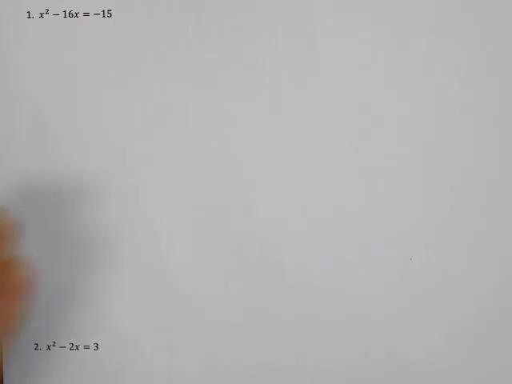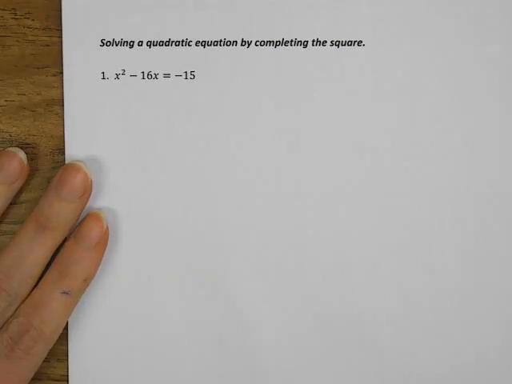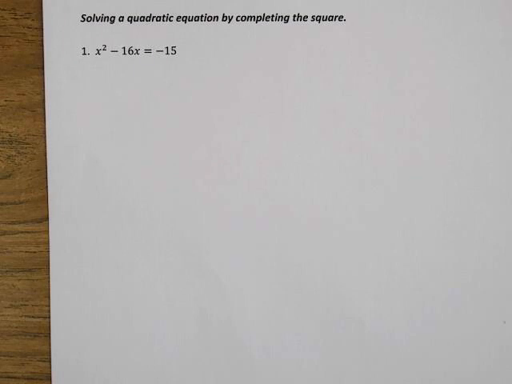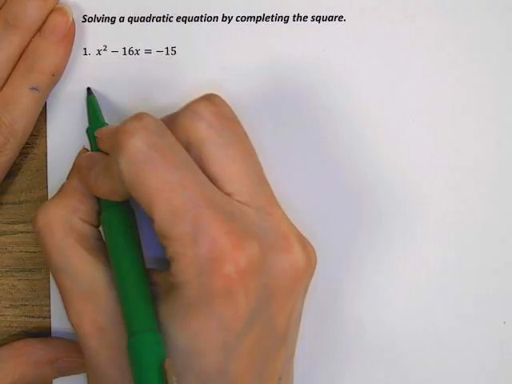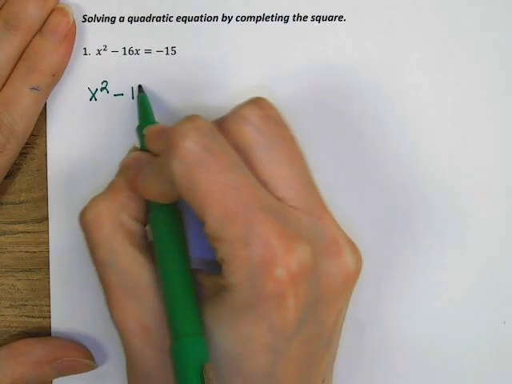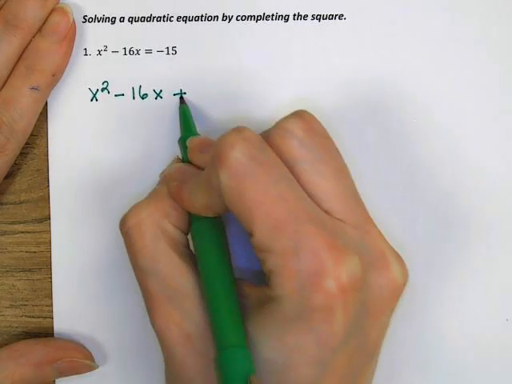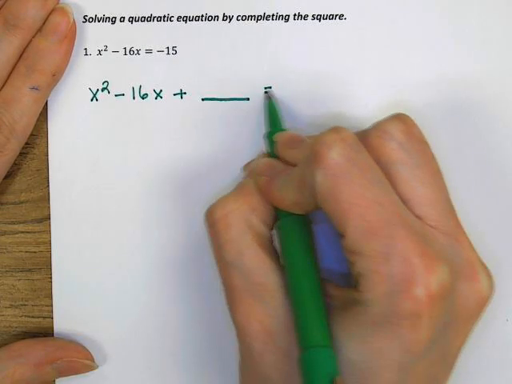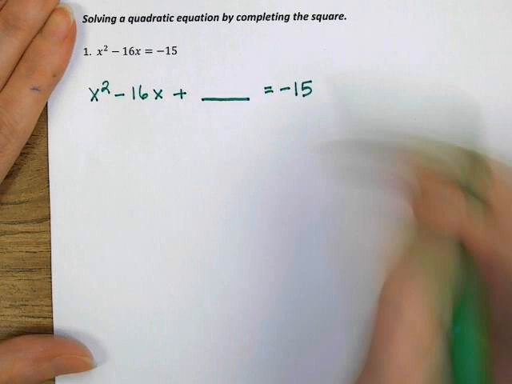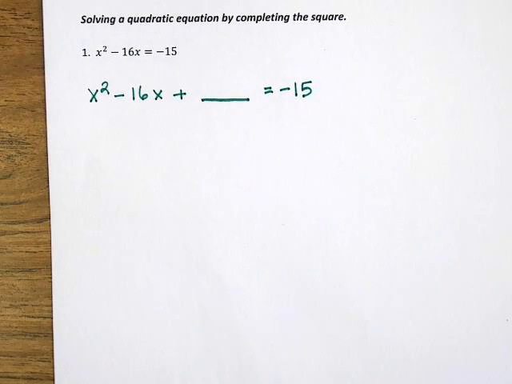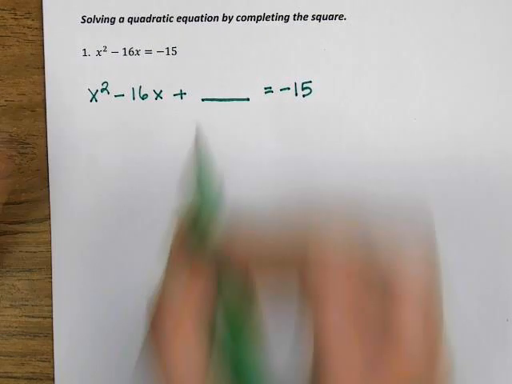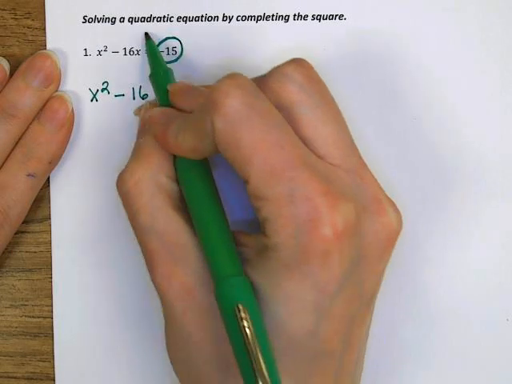Okay, so this method is called solve by completing the square. And here is what you guys do. We're going to rewrite the problem, but we're going to leave a space to find that special number. Okay, you always want the constant on the right-hand side of the wall.